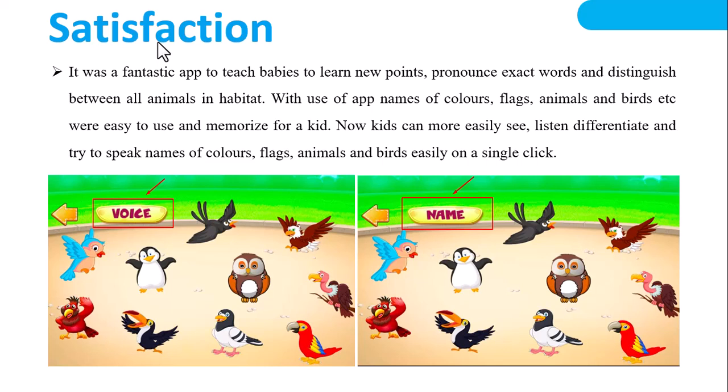Now kids can more easily see, listen, differentiate, and try to speak names of the colors, flags, animals, and birds easily on a single link. You can also see on the snapshots that there are two options for the kids. Kids can learn by clicking on the voice, and the other one is name.